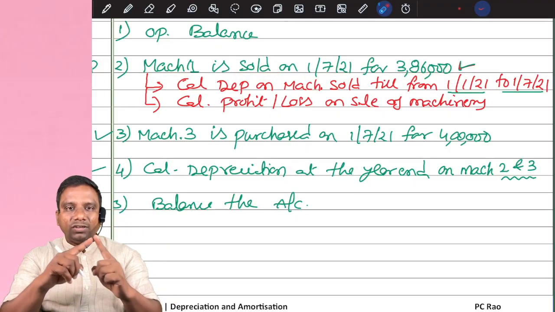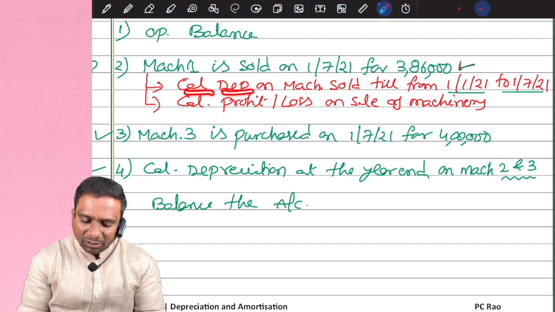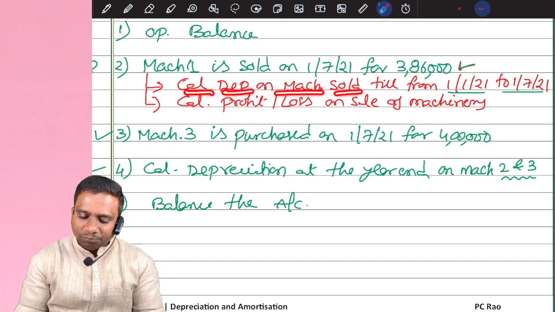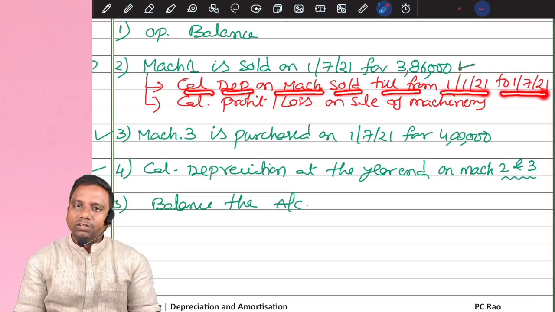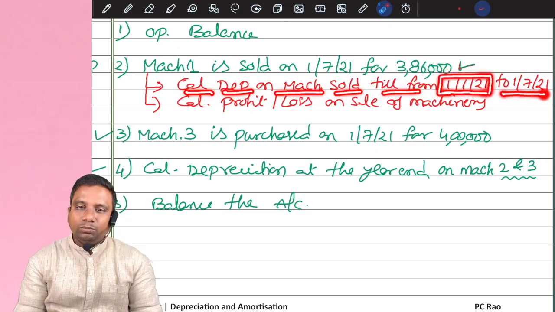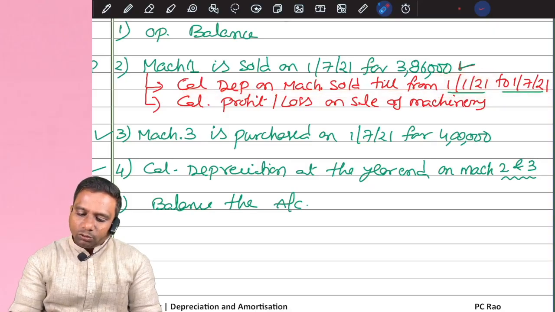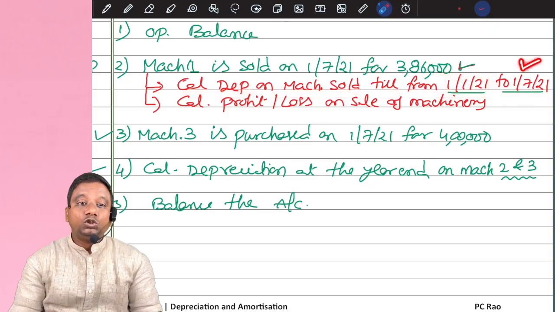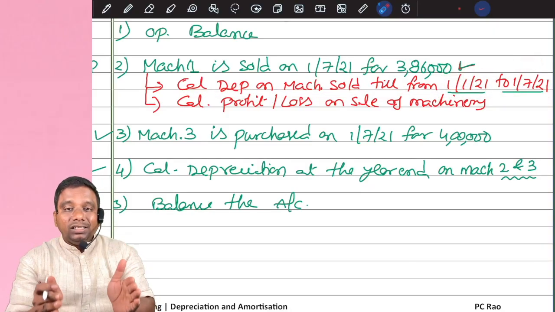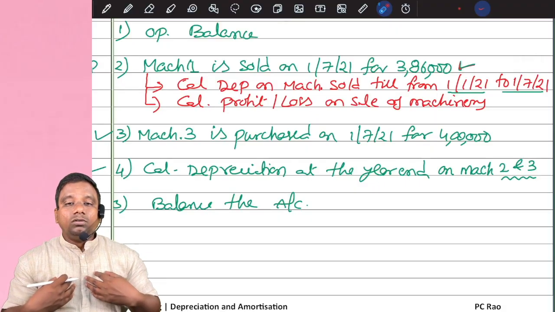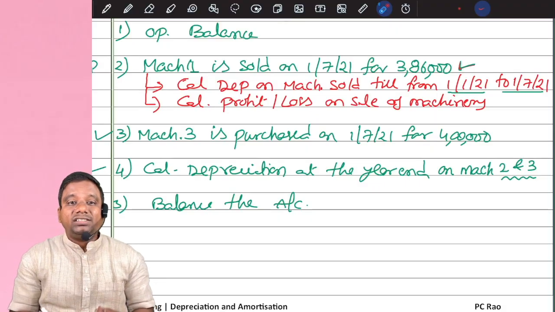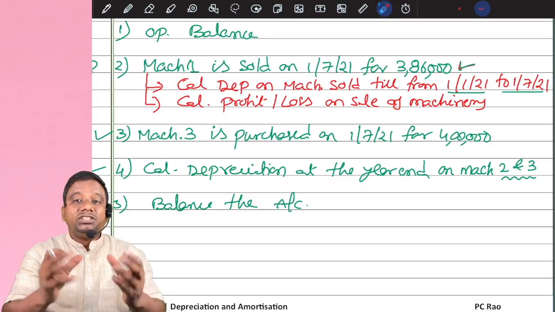One, first calculate depreciation on the machinery sold from 1/1/2021 to 1/7/2021. Because 1/1/2021 is the book's opening date, 1/7/2021 is the asset sold date. That means in the year 2021 we have used the asset for 6 months. Calculate depreciation for 6 months.